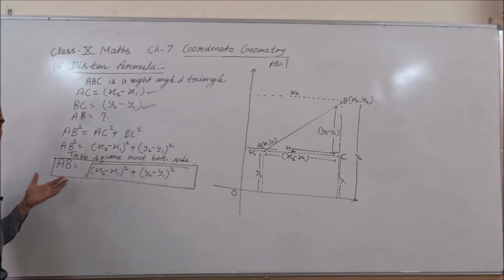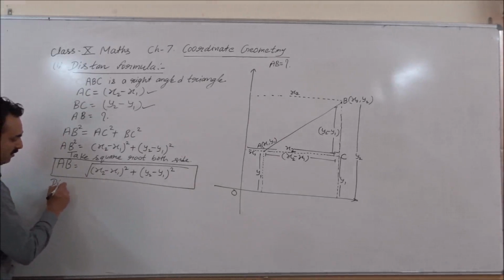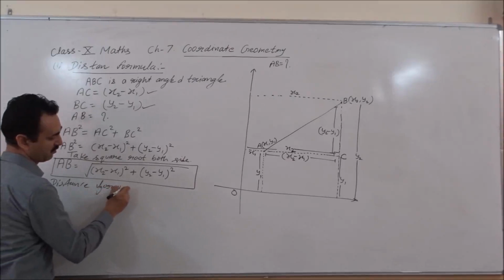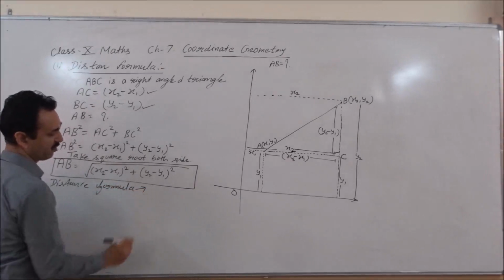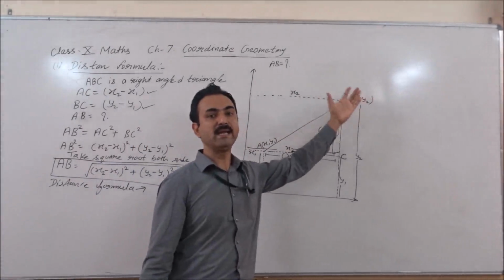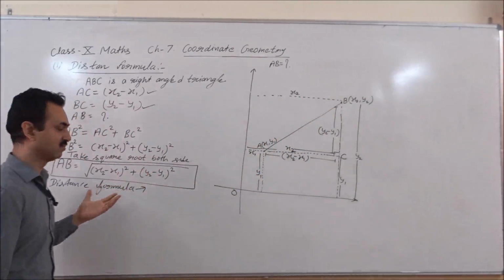Is it visible to everyone? Yes. So this is the distance formula. This is the very main formula. If you know the coordinates of the ending points of a line segment, then you can find the distance.